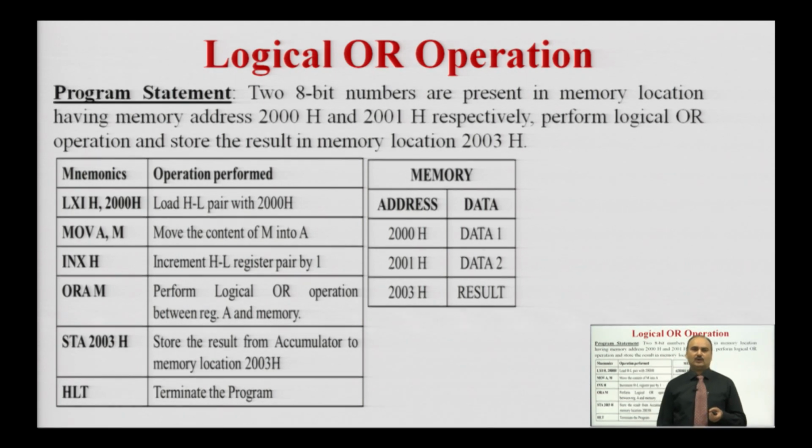Next is the logical OR operation. The logical OR operation is again performed on the basis of the truth table of the OR gate: when any of the inputs is 1, the output is 1. The two 8-bit numbers, data 1 and data 2, are present in memory locations 2000H and 2001H, and we need to perform the logical OR operation on them.